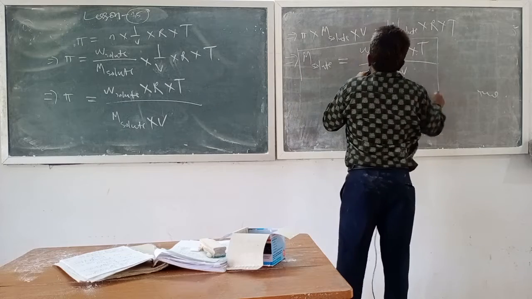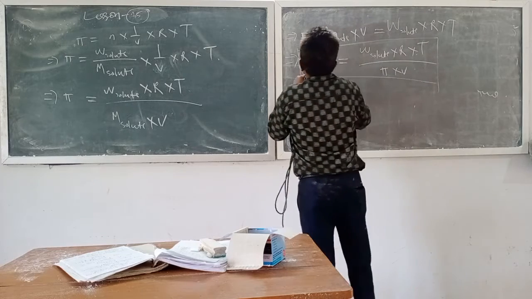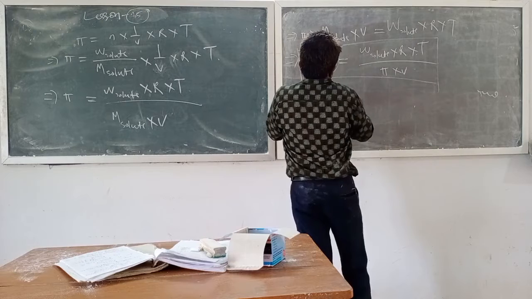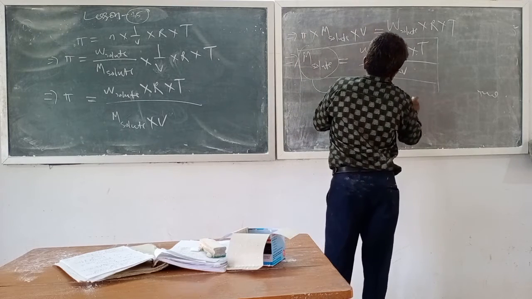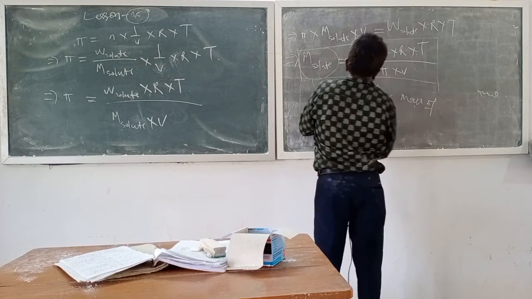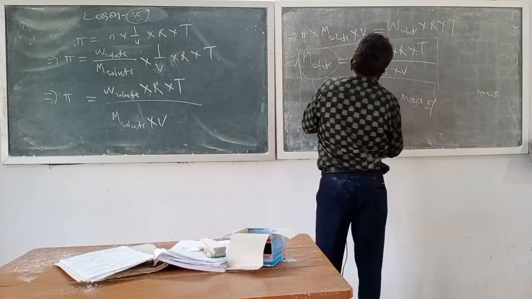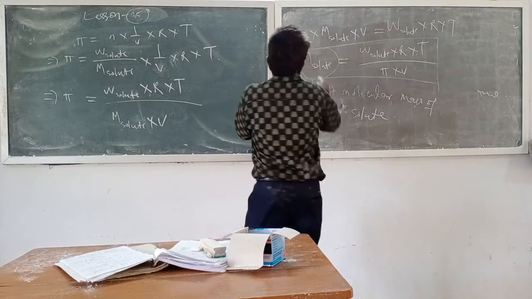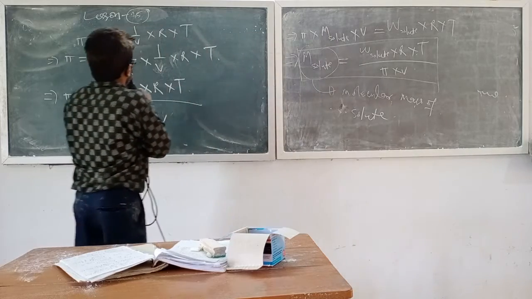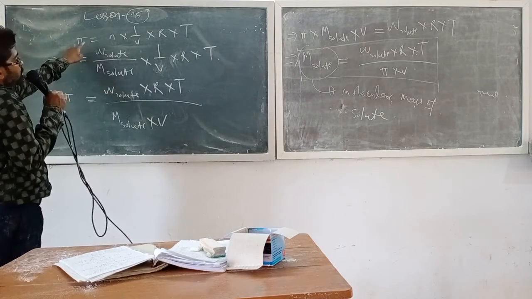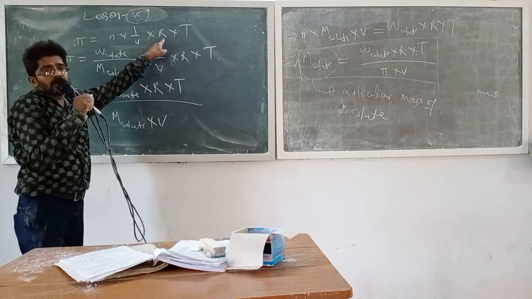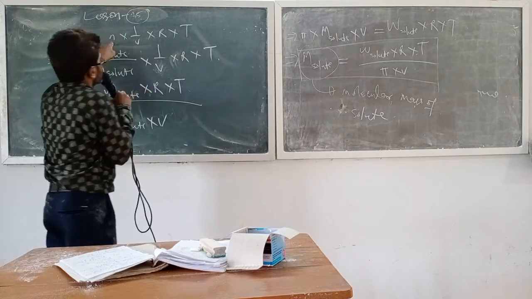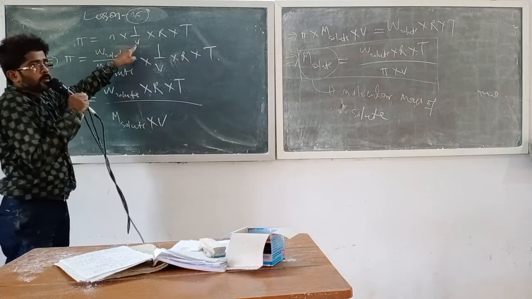So here M solute is the molecular mass of the solute. By the help of osmotic pressure, we got pi equals N into 1 by V into R into T. R is the ideal gas constant, T is the temperature, N is the number of moles of solute, V is the volume of the water.